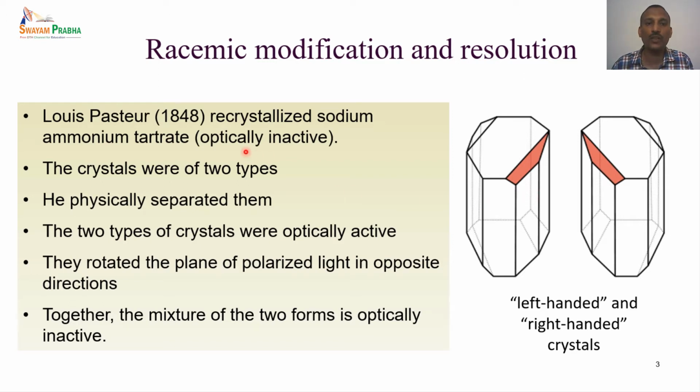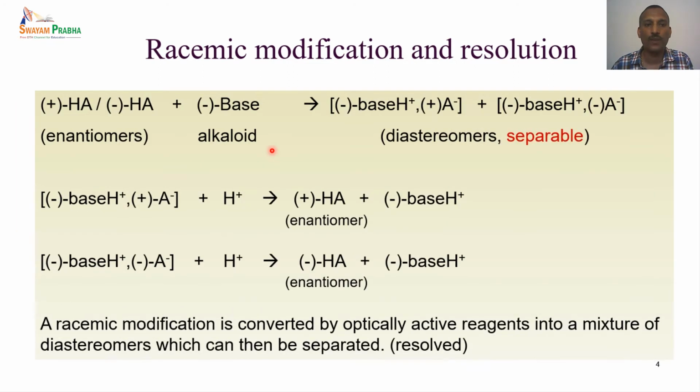Even now, this is considered the most promising and very first example of resolution of enantiomers by a simple crystallization method. There are other methods we will look at one by one in this session.